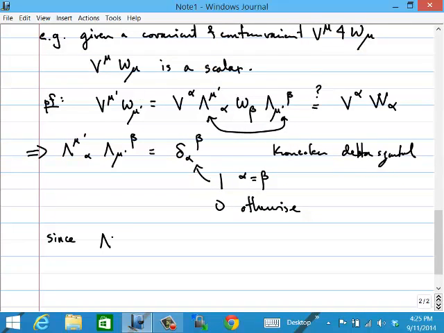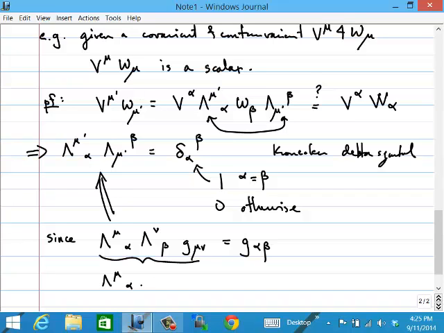So remember that the defining property of a Lorentz transformation was this equation. And so then you could just raise and lower some indices to turn that into this equation. In particular, we can rewrite this as lambda mu alpha, lambda mu beta being equal to g alpha beta.